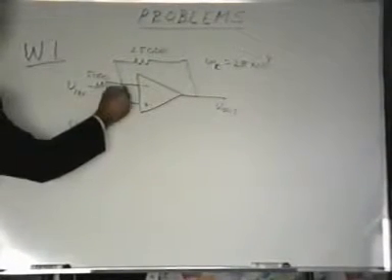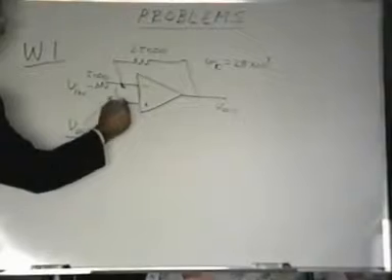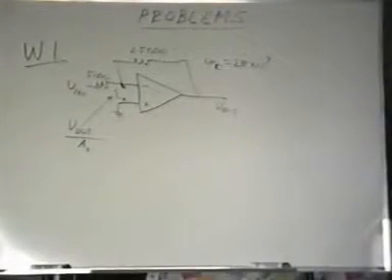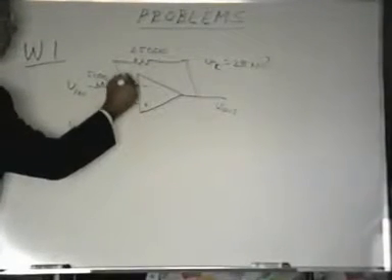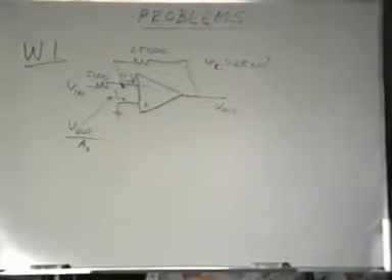This would be the negative end, this would be the positive end. That's the voltage differential between those 2 inputs. This current going to the amplifier we know is equal to 0.